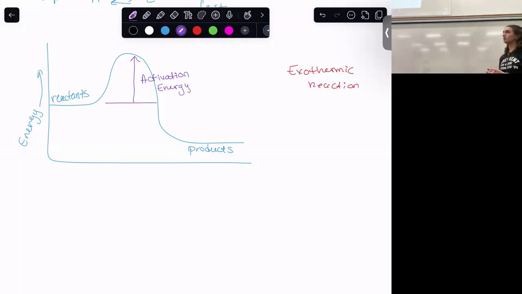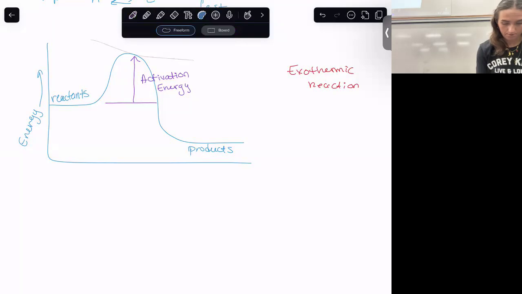All right, so the activation energy is an energy barrier that we have to get over. It comes to a transition state, the peak of that, and then it falls to your products. So that is one pathway that can be taken by a reaction, and that would just be one straightforward thing.